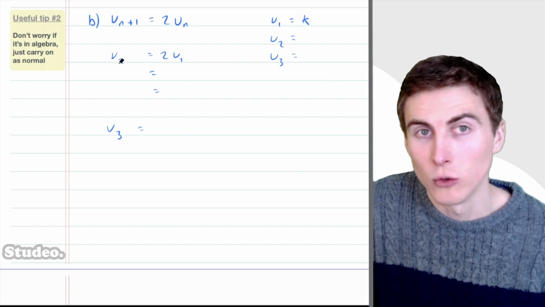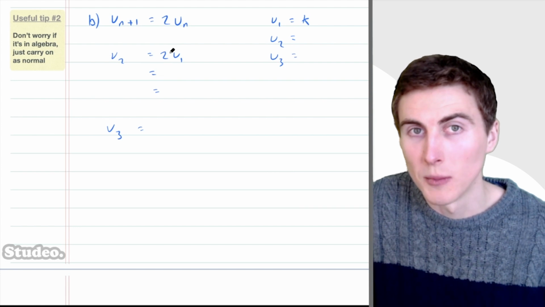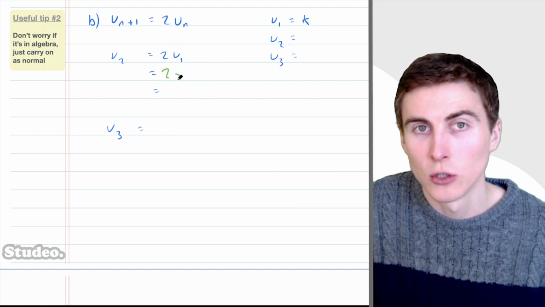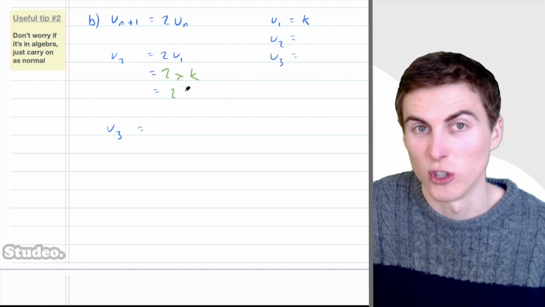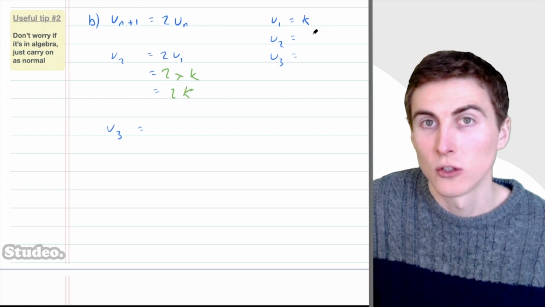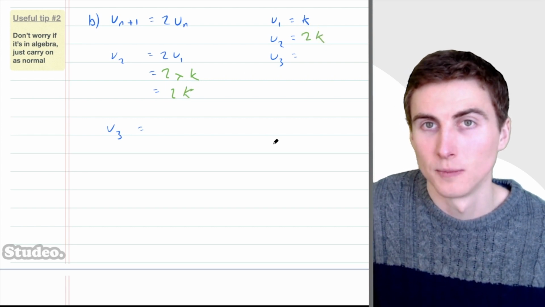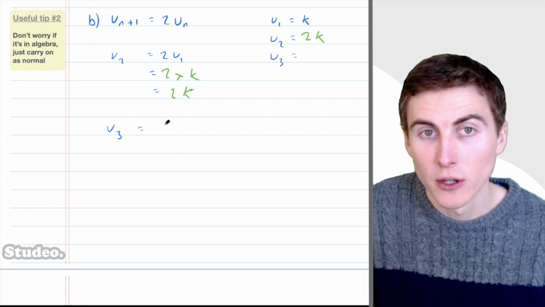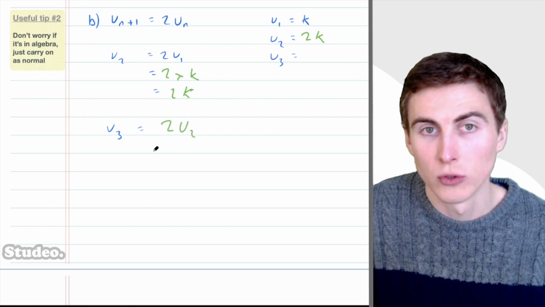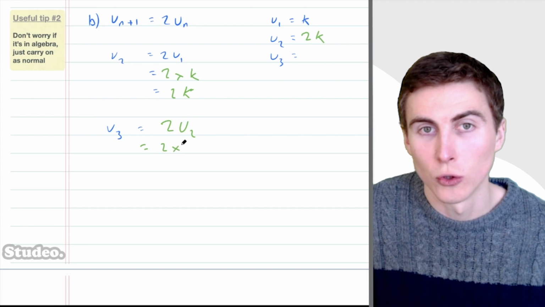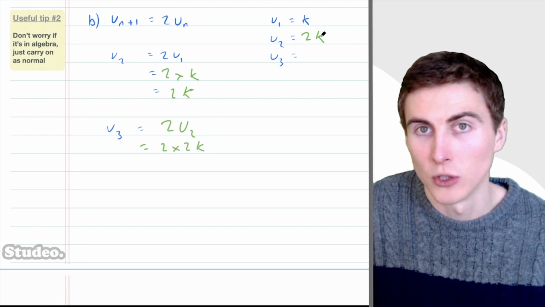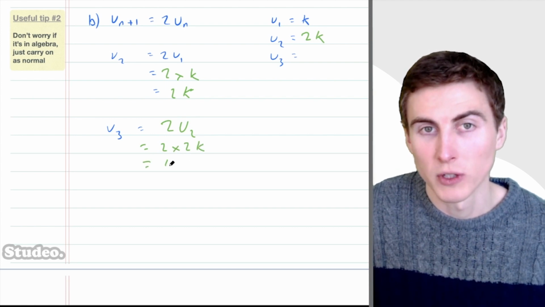So if I want to find out u of 2, I have to do 2 times the first term, which is 2 times k, or just 2k. So the second term is 2k. Then to find out the third term, I just do 2 times u2. So 2 times 2k, remember u2 was 2k, and that's 4k.